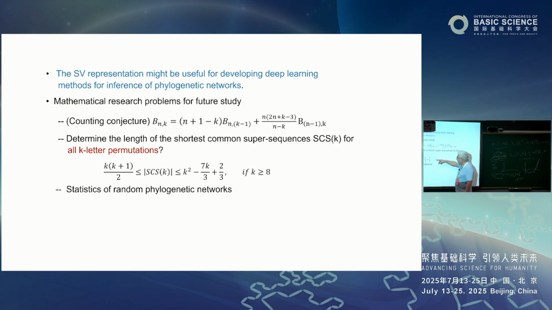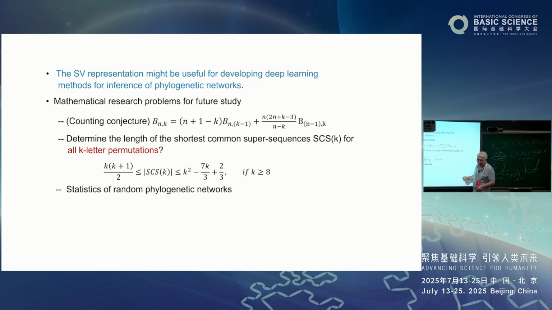This one is another problem. It's related to the overall study, but it has also been studied in combinatorics for some time. You try to determine the length of the shortest common supersequences for all the k-letter permutations.